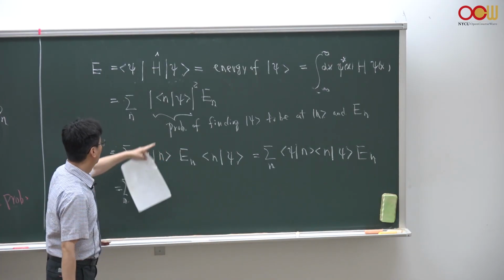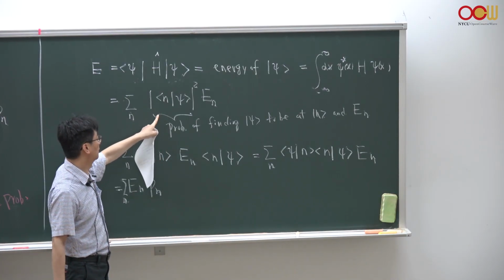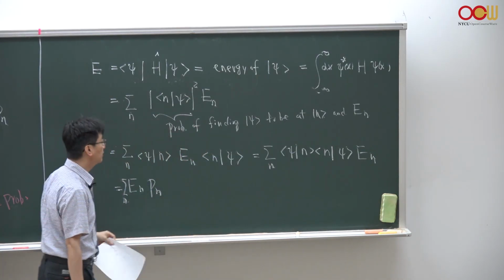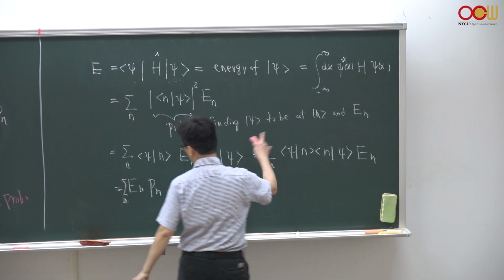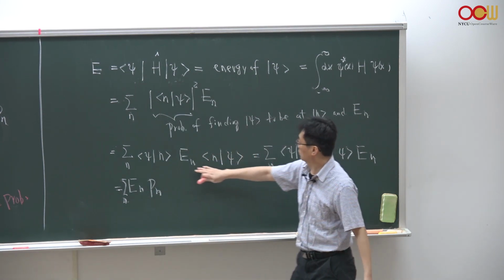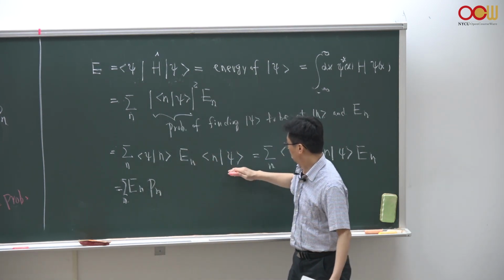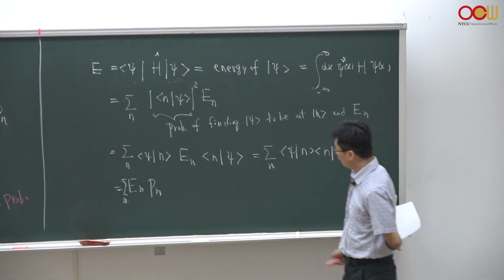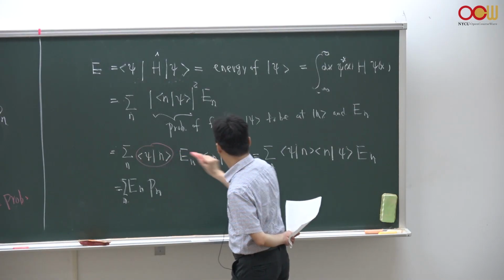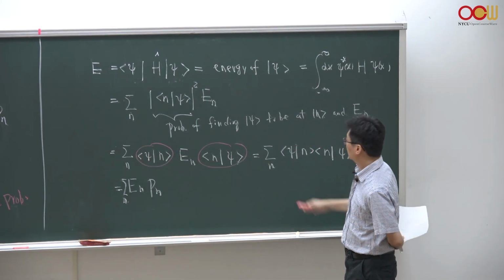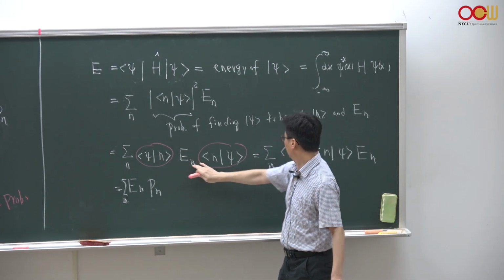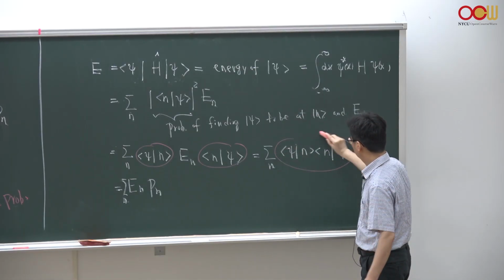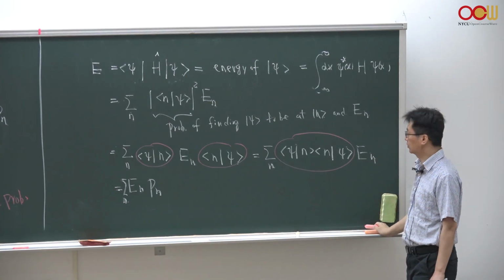So this is the probability of finding this state psi to be at eigenstate n and eigenenergy En, but I can re-express this in terms of two conjugate matrix elements, or inner products, and I can move around this eigenenergy En any place I want, so I have the product of these two matrix elements.